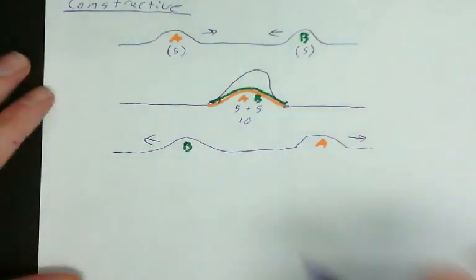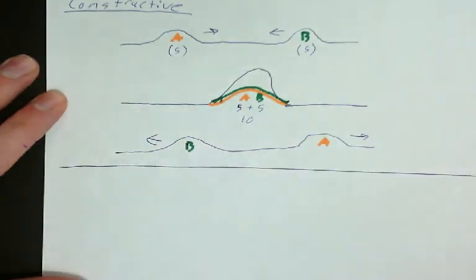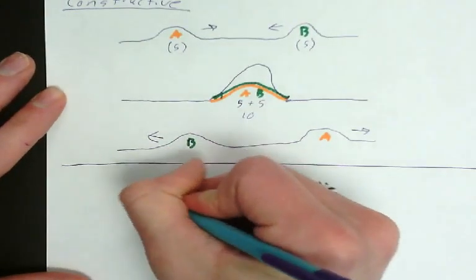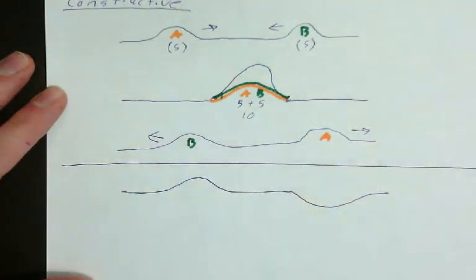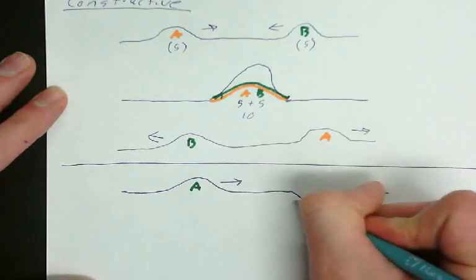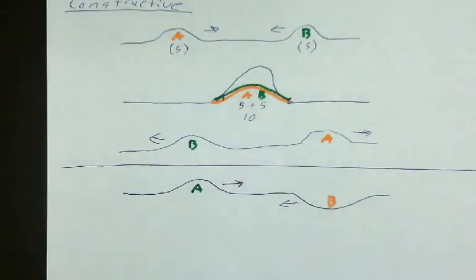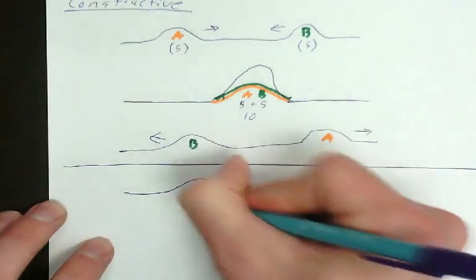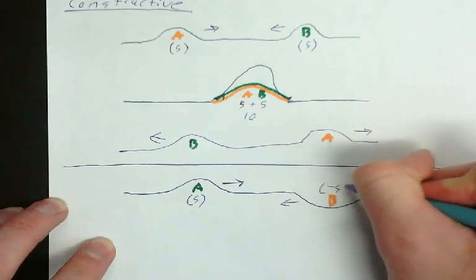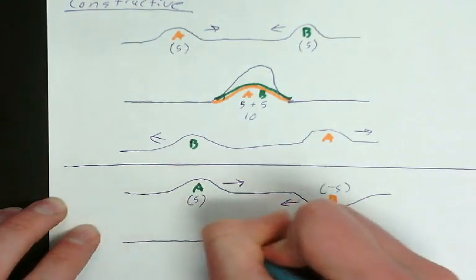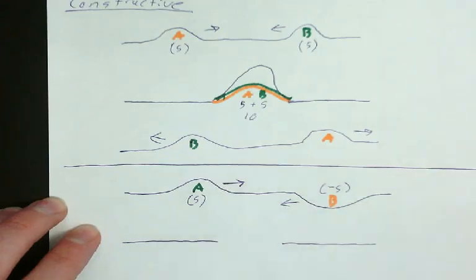So there's constructive interference. Destructive interference works the exact same way. The difference is wave A is up and wave B is down. So here's A, here's B. They're traveling towards each other. Let's again assume A has a value of 5, but now B has a value of -5.